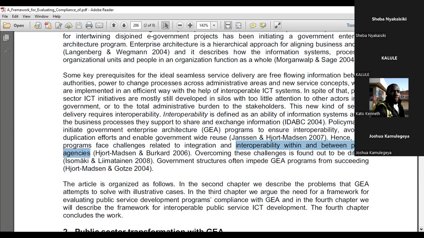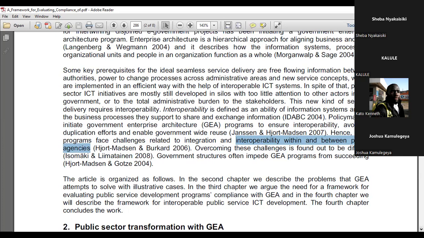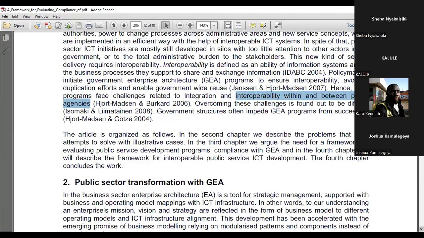Now, we've already seen from the abstract that they first of all sought to describe, point out the areas that need improvement, and then they propose a framework for evaluation. Yeah, this one, I think it was most likely a PhD study, but it really points out quite a number of areas that they're looking at.